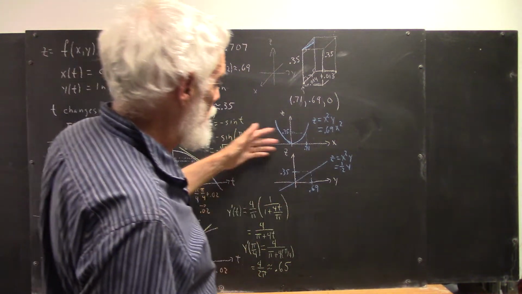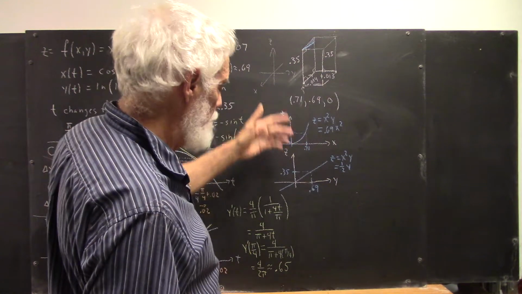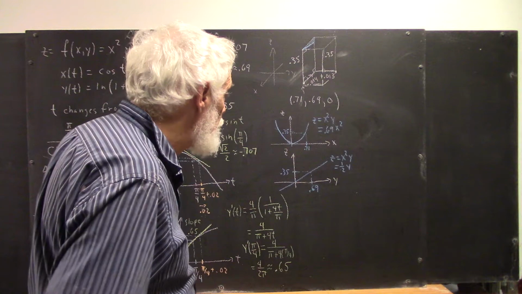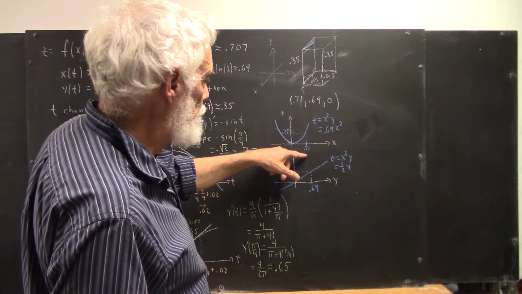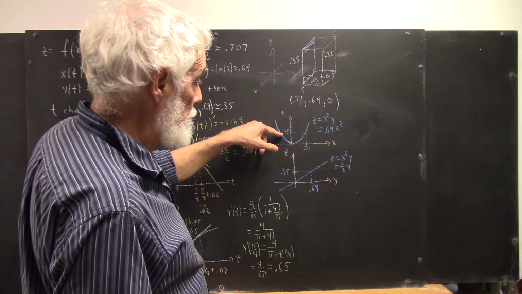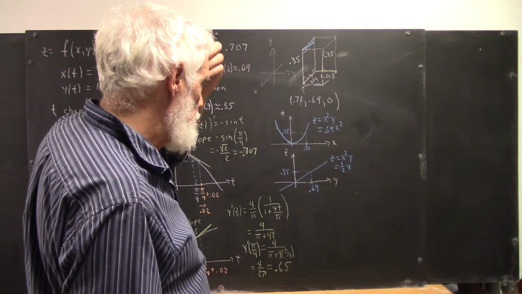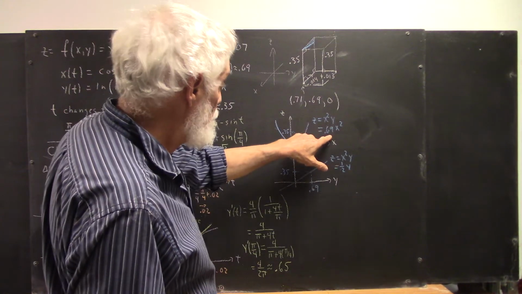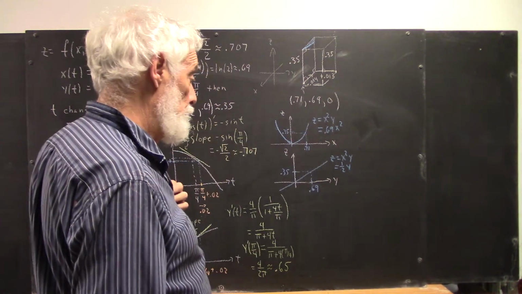Now, in the plane parallel to the yz plane that goes through this point, the x coordinate is 0.71, the y coordinate is 0.35. Of course, if we plug in 0.71, or more accurately the square root of 2 over 2, for x, we are going to get something close to 0.35.